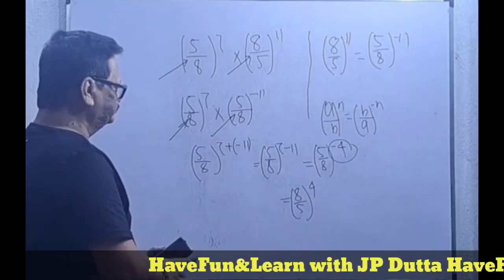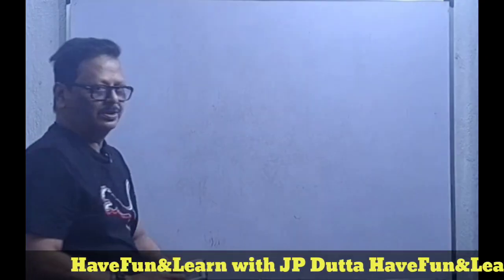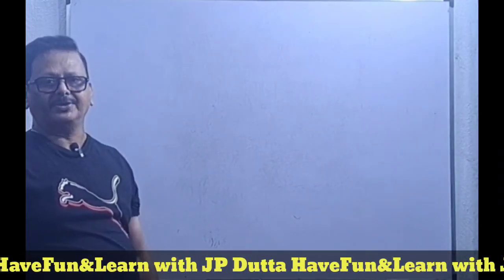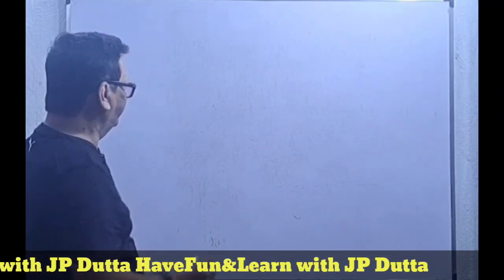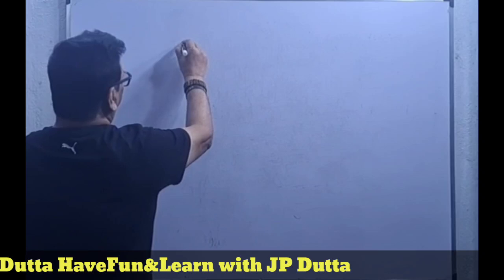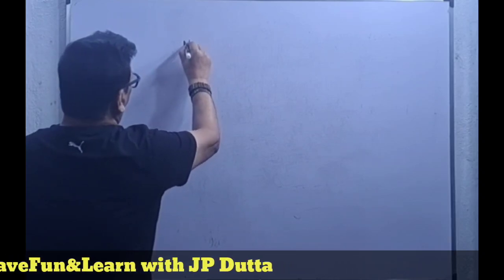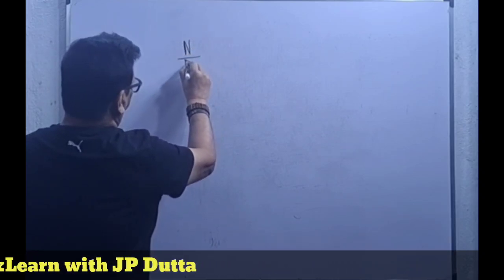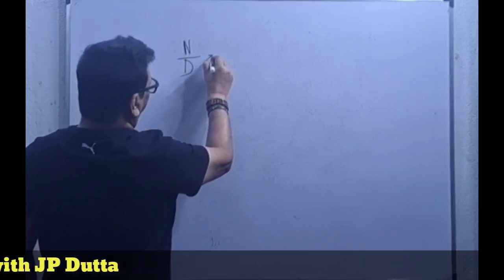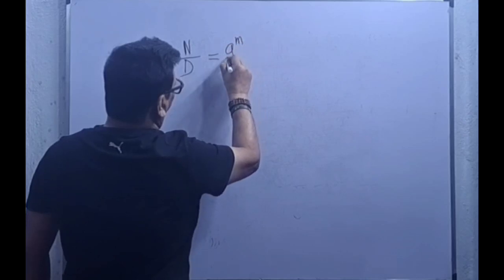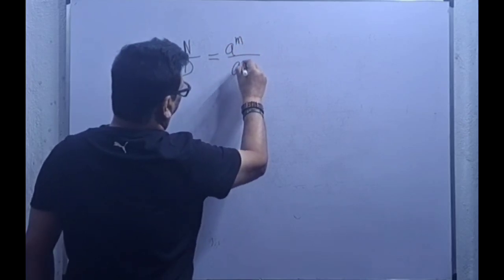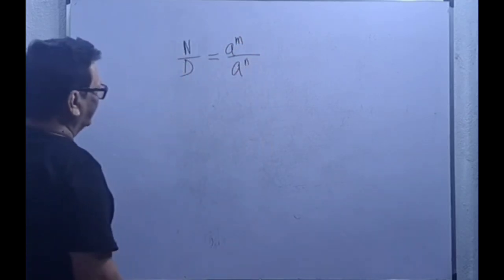Okay, now see the synopsis. The dynamics of what happens when the exponent becomes negative. See, numerator divided by denominator, right? Say a to the power of m and a to the power of n, correct?